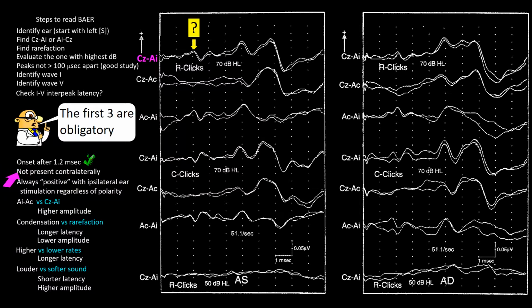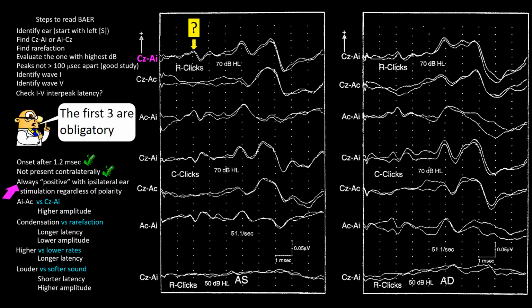The next item is to see that no similar wave is present contralaterally. As you can see, no contralateral wave is present. So this item is also consistent with the putative wave 1 being the real wave 1.